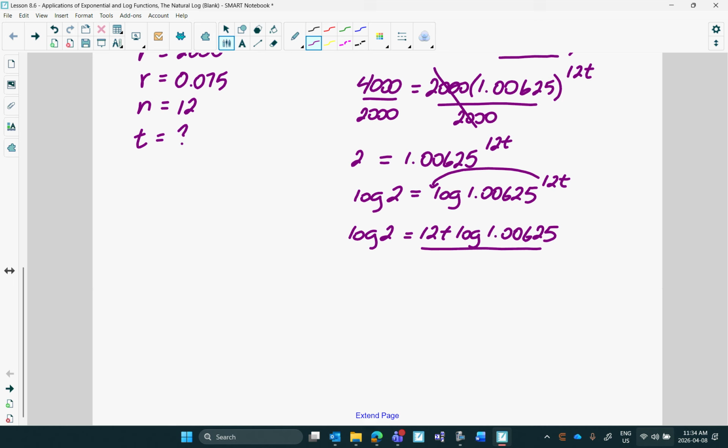Actually, I could divide by 12 log 1.00625, because wouldn't it get rid of that and that? You could do 2 divisions, that's fine. So therefore, to get my answer, log 2 divided by 12 log 1.00625 is going to be my t.